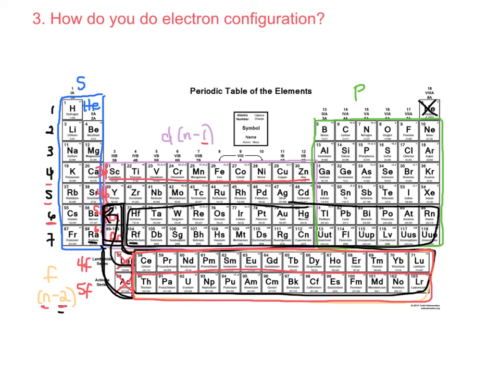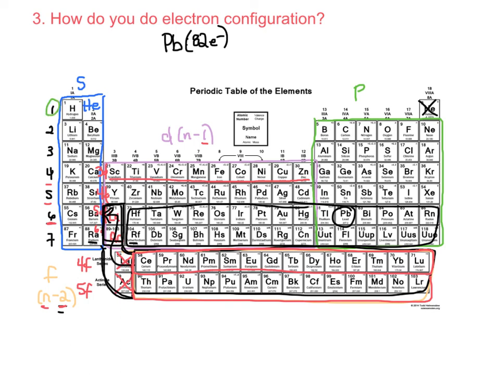Let's do lead. Lead seems like a good choice. So let's go ahead and do lead. Okay, so lead has, I just crossed it out, 82 electrons. I'm kind of going to go through this really quickly because this video is getting lengthy. So follow along with me. We'll do this in green.